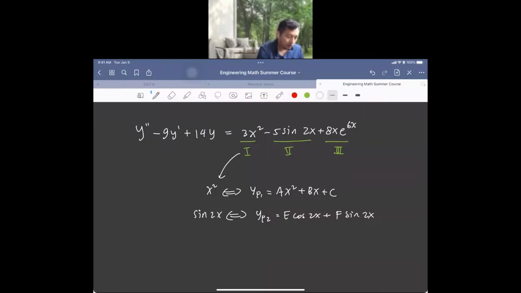And then the third one is x e to the 6x. And remember, when we have x and e together, then we will also have a combination of, let's say, gx e to the 6x plus h e to the 6x. Okay.